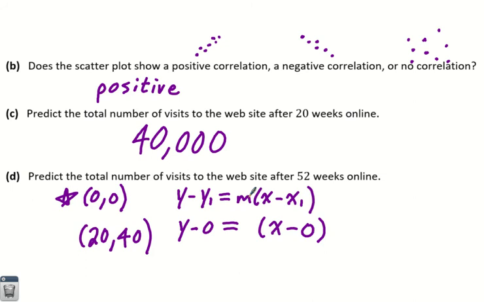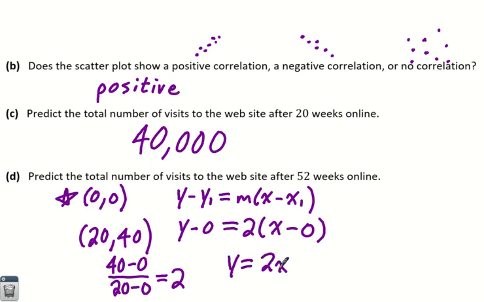Well, we're going to use both of these points to get my m. And so 40 minus 0 all over 20 minus 0, which ends up being 2, which we've already realized, 2 or 2,000 visits every week. But hey, it looks like our m is going to be 2. Okay? And so when it's all said and done, we have an equation of y equals 2x.